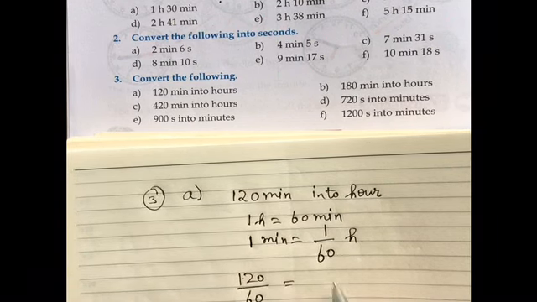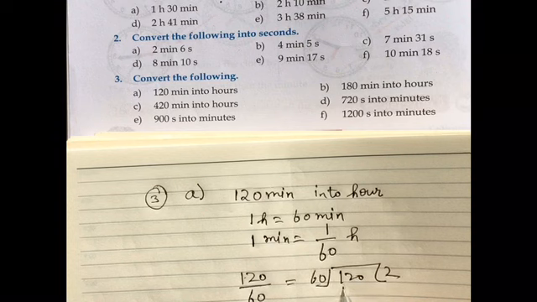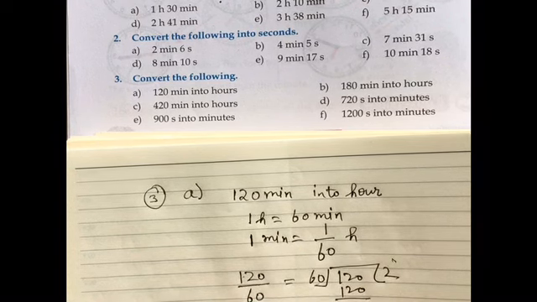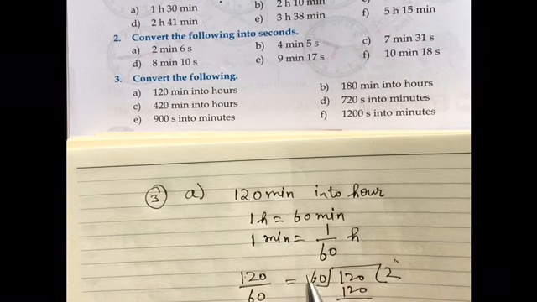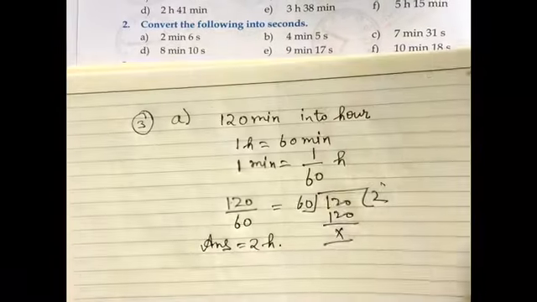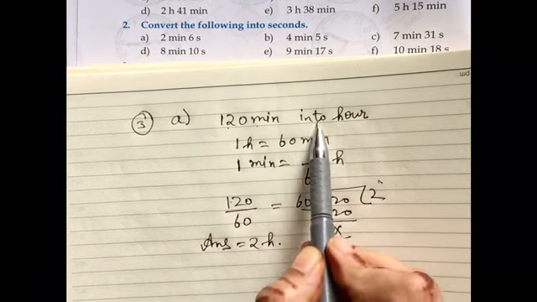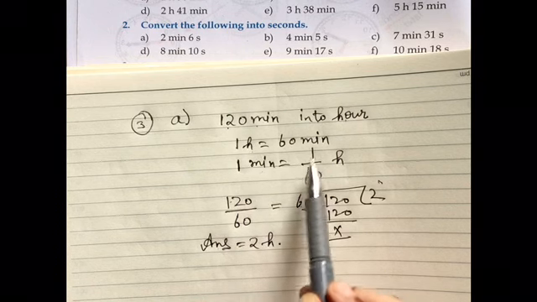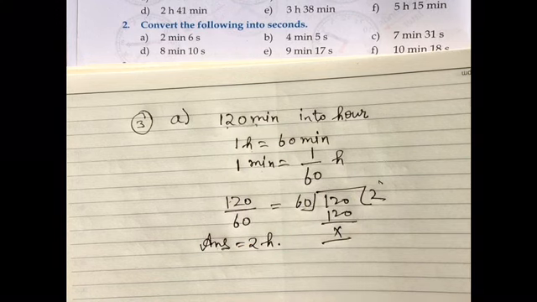If you divide it, what will you get? 120 by 60, the answer is 2 hours. So it is just the opposite of the thing that we have done earlier. 120 minutes into hours. 1 hour equals 60 minutes, so 1 minute is equal to 1 upon 60. So you will have to divide it by 60.